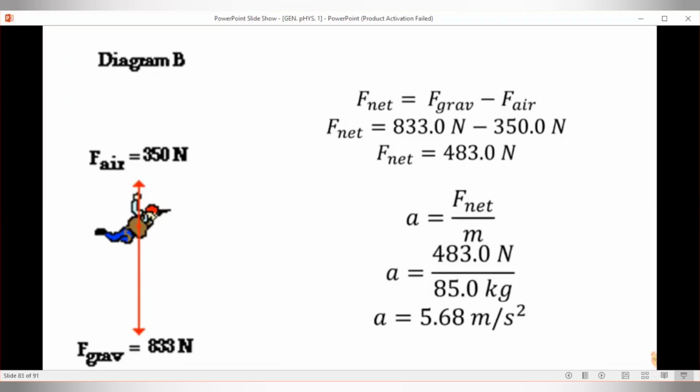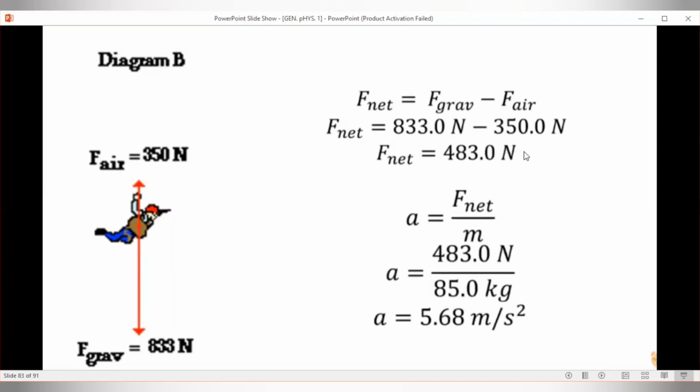So therefore, to get our net force, we will subtract the air resistance from the force of gravity. Our force of gravity here is 833.0 newtons minus the air resistance 350 newtons. Therefore, your net force is equal to 483.0 newtons.